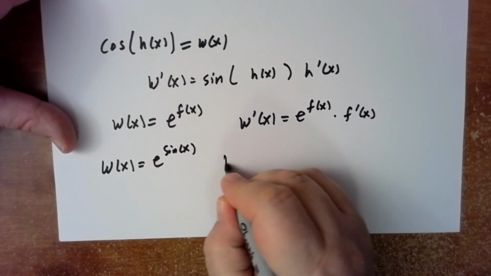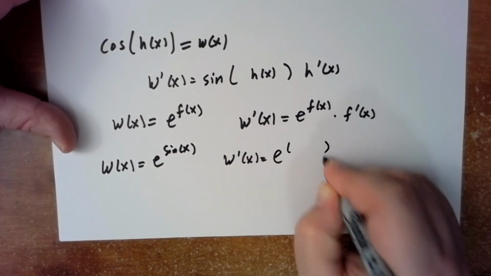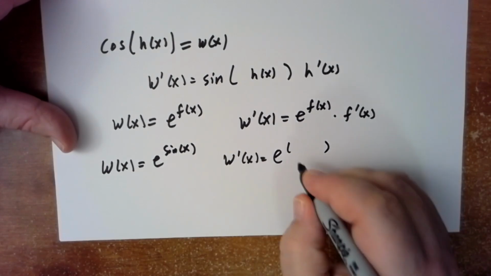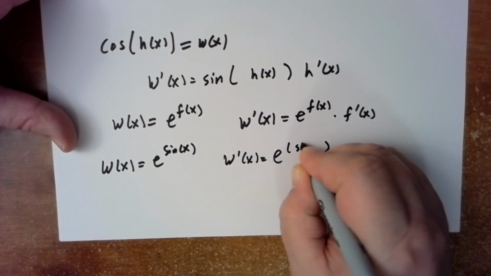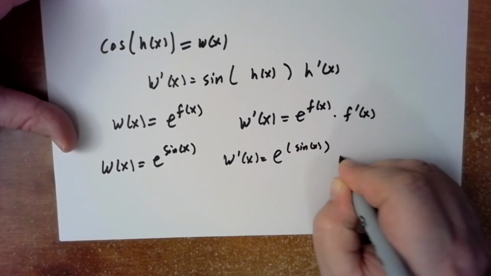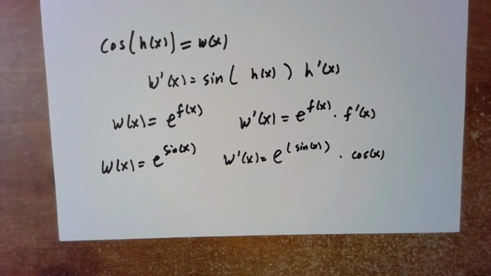Right, then w prime would be e to the sine of x, that's the derivative of the outside function. Then I evaluate at the inside function and multiply by the derivative of the inside function. Okay, and now let me pause and get another example ready for you.